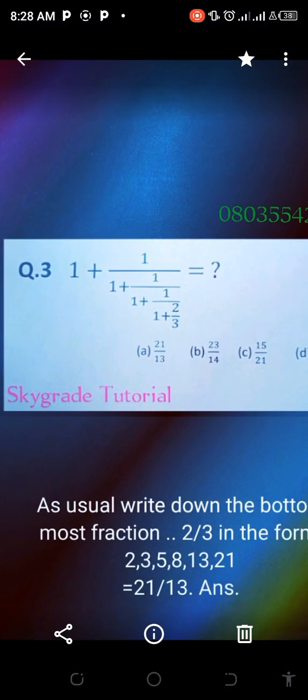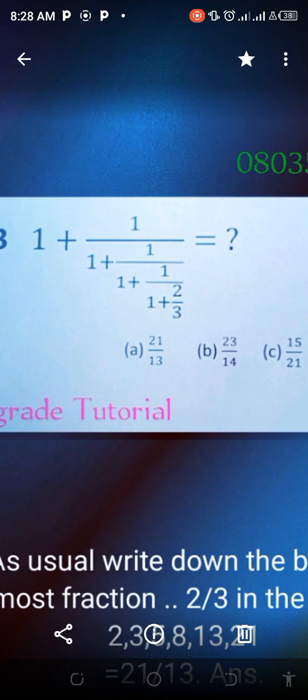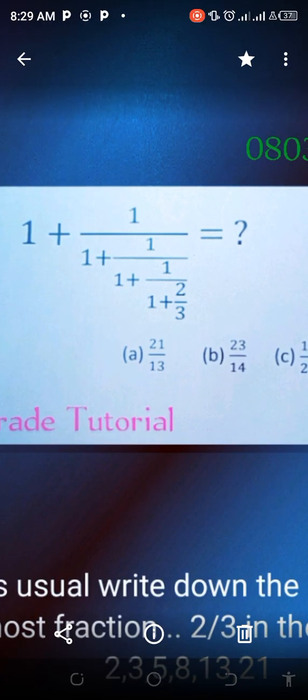Example 3 is the same routine, the same thing we did. What we need to do, we count the ladder and we write down the bottommost fraction. Now, question for you. How many ladders are in this ladder fraction?